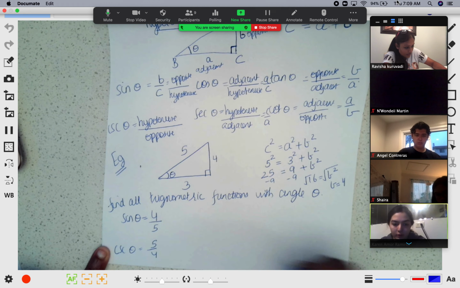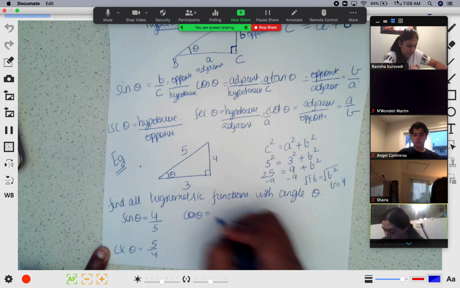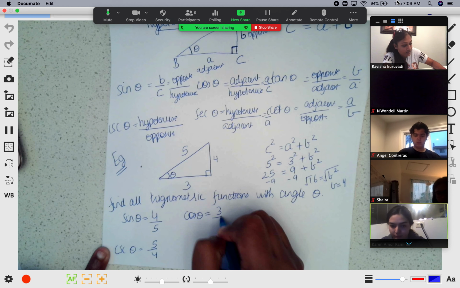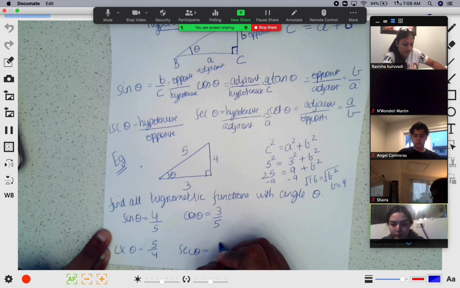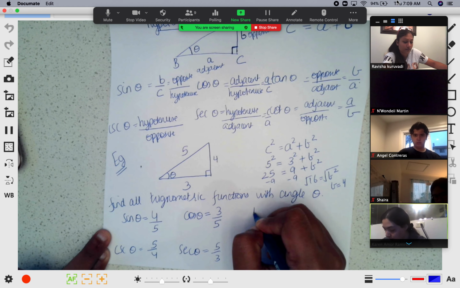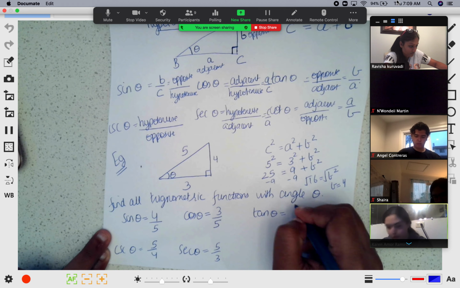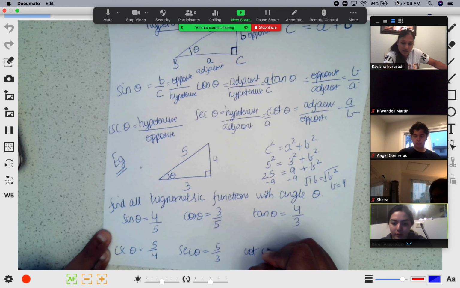What about cosine? Cosine is 3 over 5. So what is secant? Secant is 5 over 3. What about tangent? Tangent is 4 over 3. So cotangent is 3 over 4. Perfect. You got it.